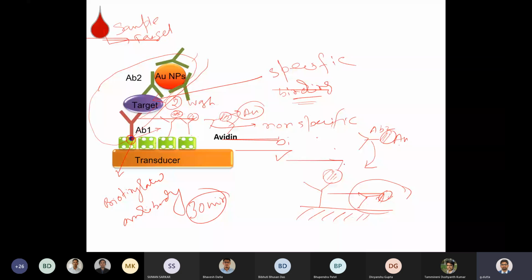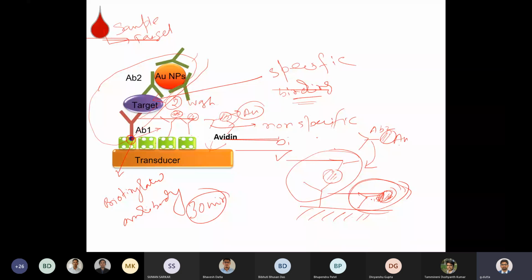But non-specific is anywhere else on the surface, or maybe if the electrode is exposed, it can attach on the exposed area, or anywhere on the surface. If the secondary antibody that is labeled, conjugated with gold, binds there, this is the labeled antibody, the gold labeled antibody.